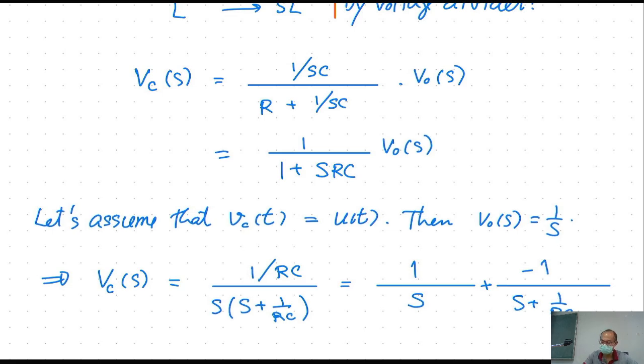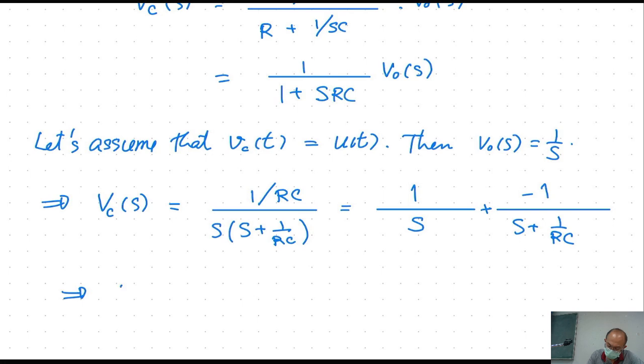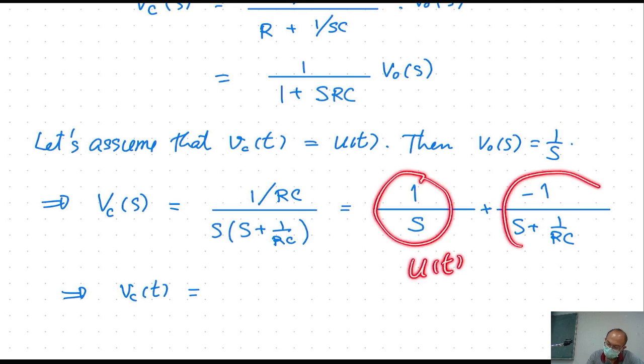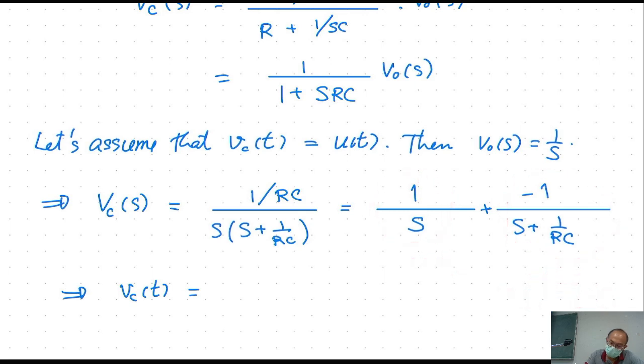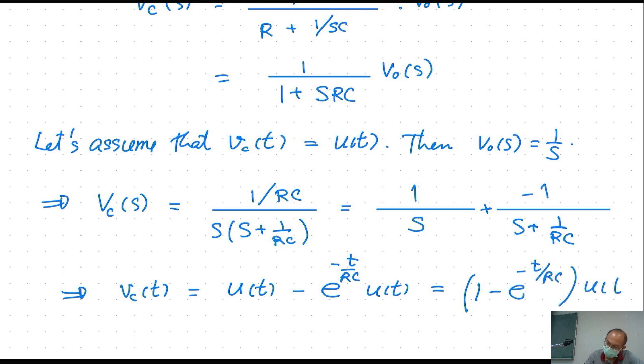And so the voltage across the capacitor in the time domain, we recognize that the first term is u(t), and the second term is minus e to the negative 1 over RC t, u(t). So we plug those in, we get u(t) minus e to the negative t over RC u(t). So that is equal to 1 minus e to the negative t over RC, u(t).